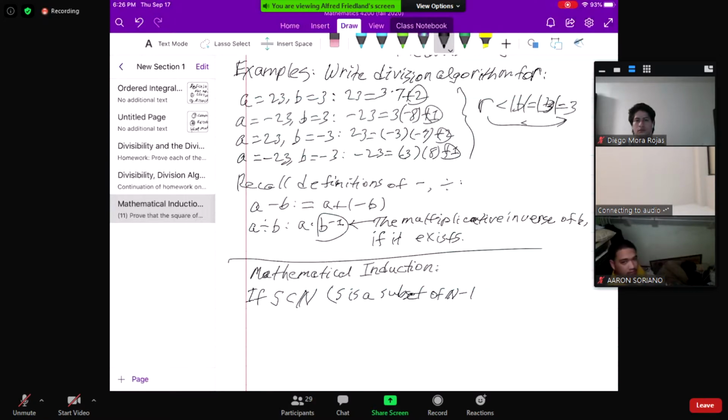It means that, I'll write i.e., So if S is a subset of N, what does it mean to say A is a subset of B? It means that everything in A is also in B. So for instance, the set of people in New York State is a subset of the set of people in the United States because everyone in New York State is in the United States. So that's what a subset means.